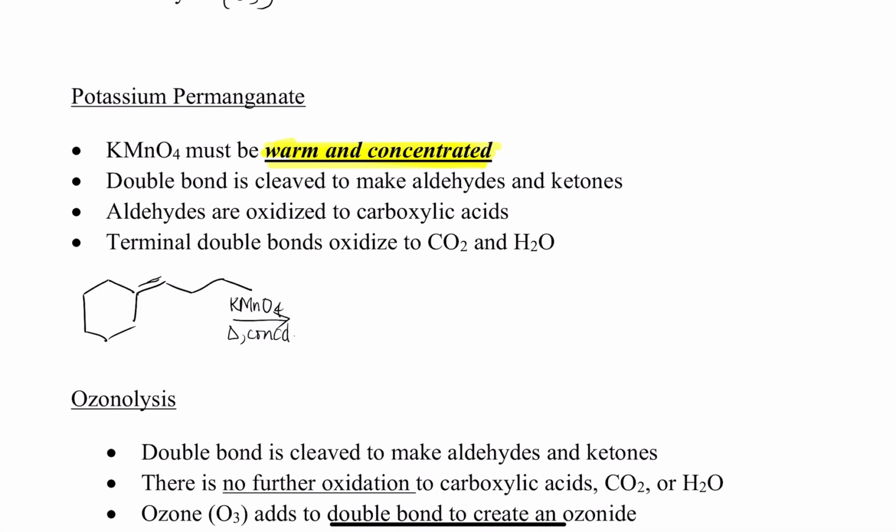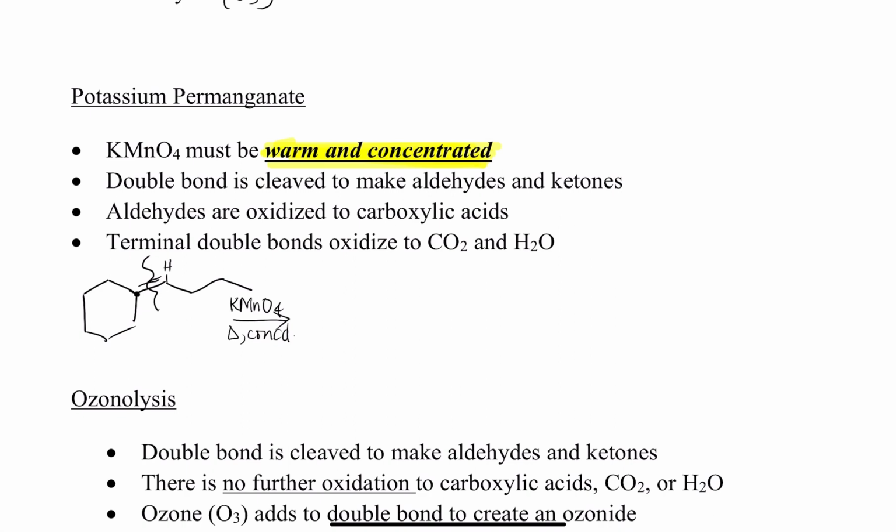So we know this is another oxidative cleavage. We're going to cleave our double bond in half. What I like to do is I like to throw any hydrogens around my double bond. So on the left side of my double bond, I won't have any hydrogens. On the right side, I'll have one hydrogen going up.